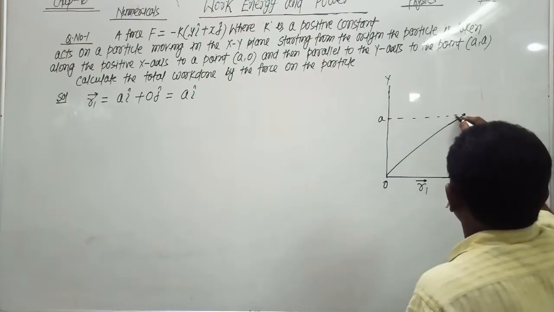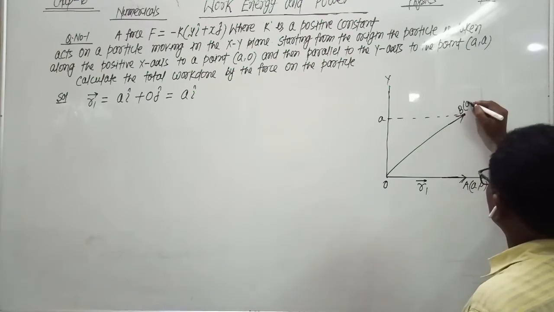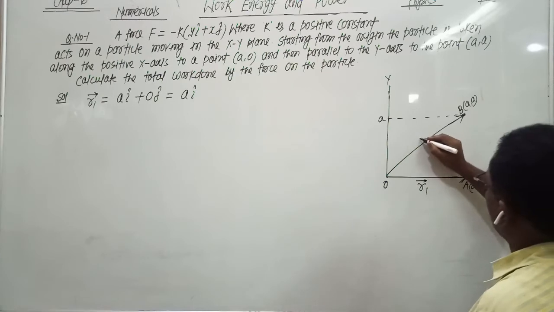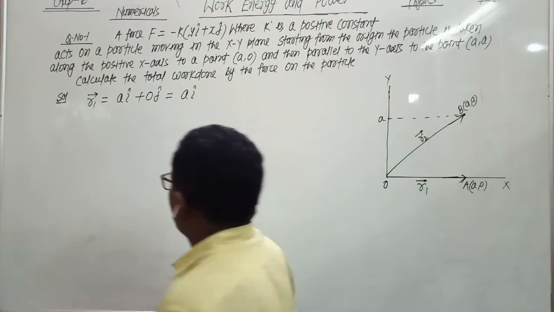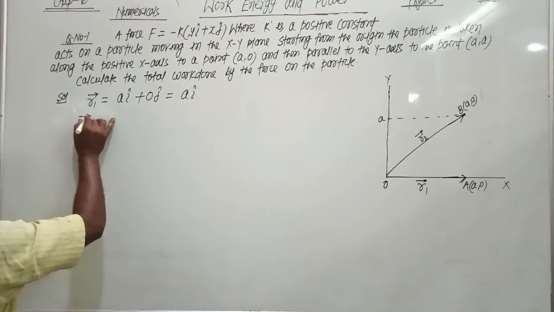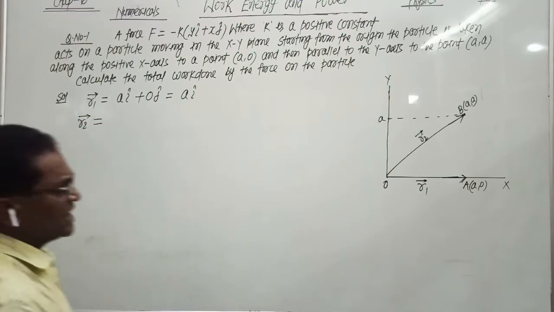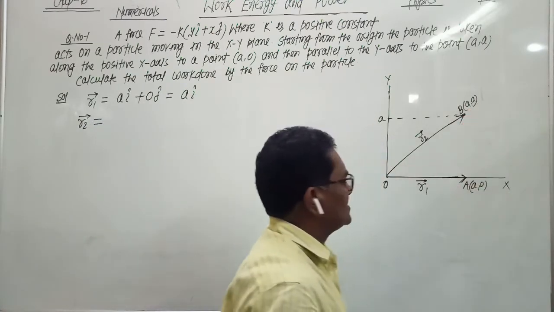So there is a coordinate and the point is B, which is (a, a), and we name it r2 vector. The r2 vector, in position vector form, is represented as a i cap plus a j cap.